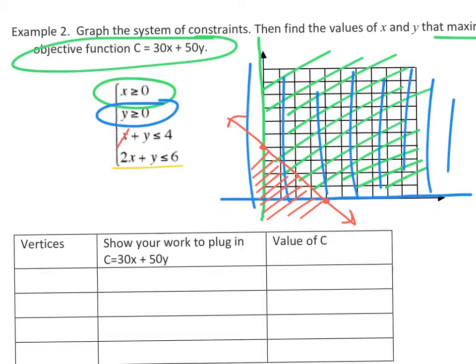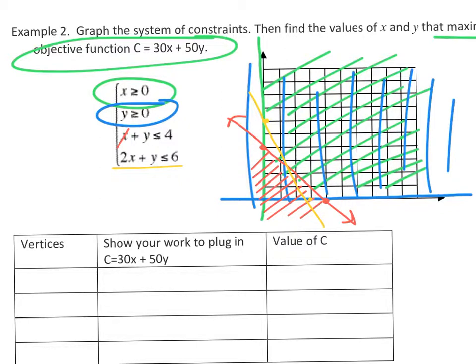Then I'm going to do the same thing with this equation. I'm going to find the y-intercept, setting x equal to 0, so that's 6 on the y-axis. And then set y equal to 0, x is 3 on the x-axis. So connect the dots. It's best to use a ruler, but I don't have one right now.